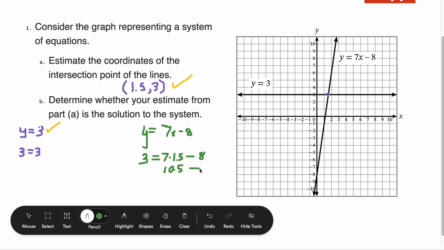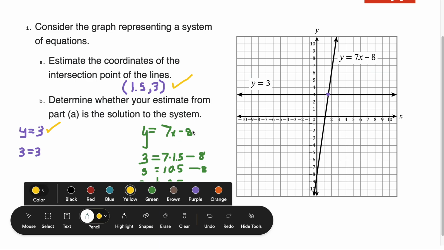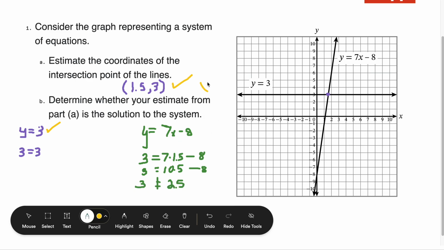And then we have minus 8. Does that equal 3? Well, 10.5 minus 8 is 2.5. 2.5 does not equal 3. So for this second equation, (1.5, 3) is not a solution.